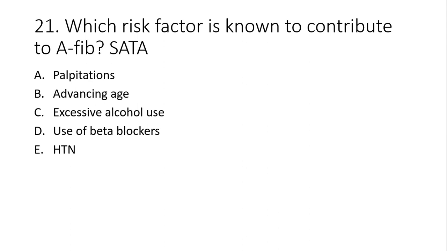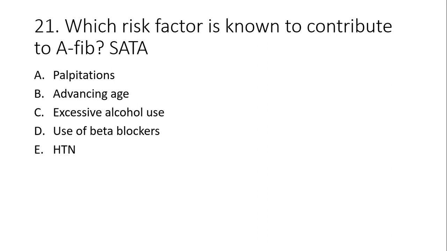So, what do we think about advancing age? Yes. E. And what about boozing? Too much boozing. That seems to be the cause of everything, that and smoking. So, what about use of beta blockers?